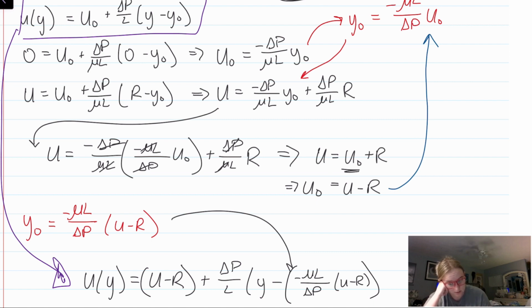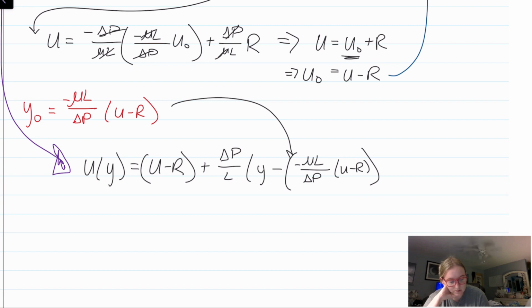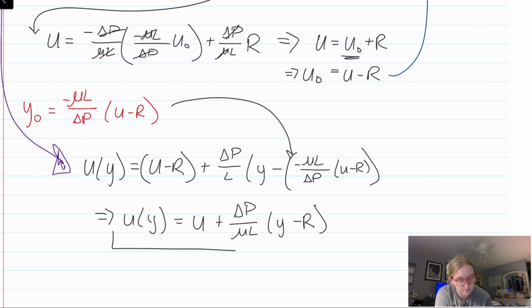And then just simplifying this down, we would get that u of y is equal to u plus delta p over mu times L times y minus r. And that is our final expression for u of y.